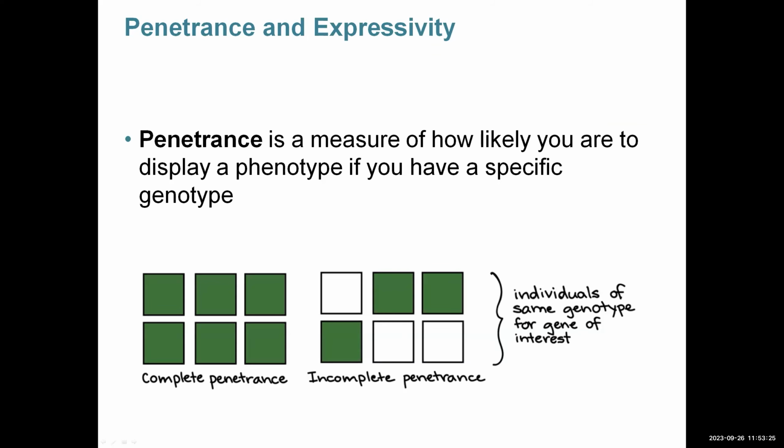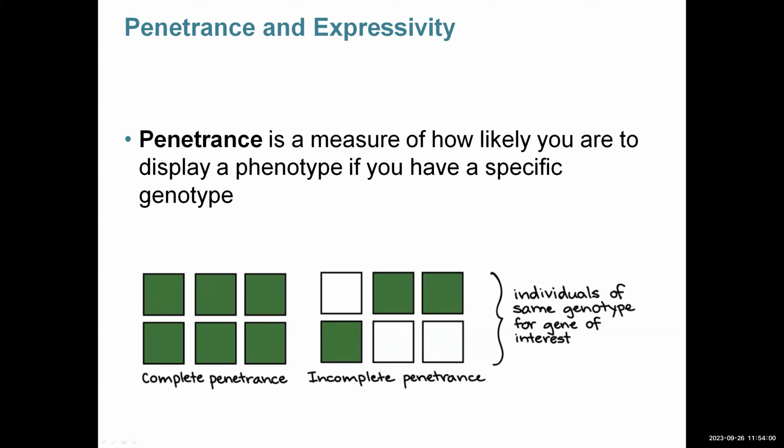Penetrance is a measure of how likely you are to display a phenotype if you have a specific genotype. For example, complete penetrance means that every individual with the same genotype is going to have the trait. But if some individuals with the same genotype do not have the trait, this is incomplete penetrance. This means that the genotype increases the likelihood of having the trait, but doesn't guarantee the trait will occur.